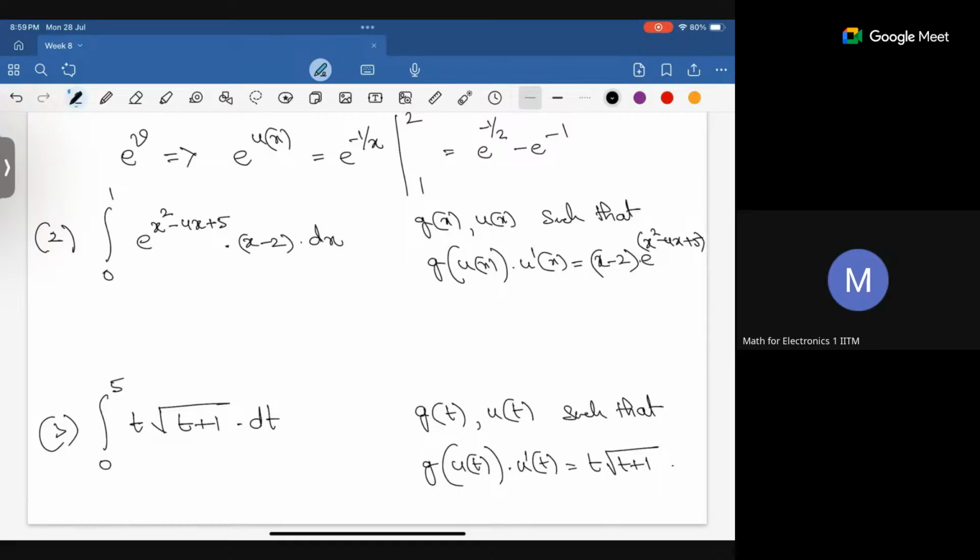All right, so is there any nice substitution that I can think of for u of x? The polynomial x square minus 4x plus 5. Yes, sir. Very good. So u of x, I can take it as x square minus 4x plus 5, because when I compute u prime of x, it will give me 2 times x minus 4, sorry, x minus 2.